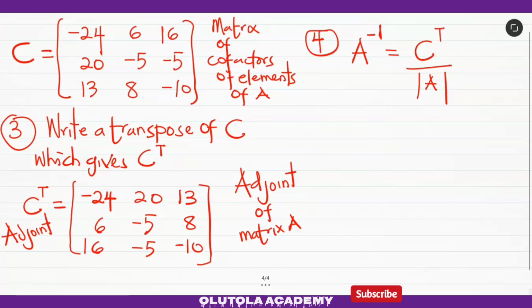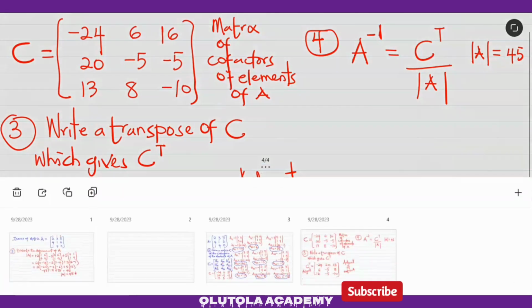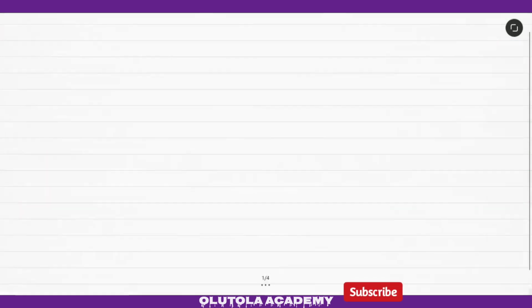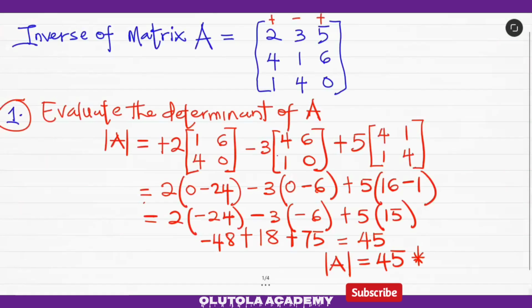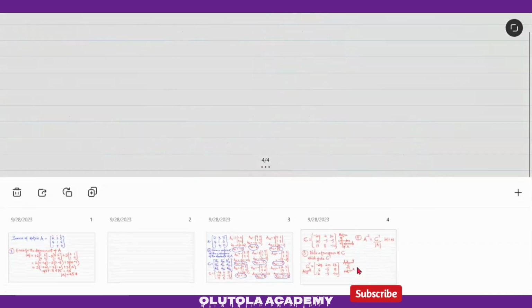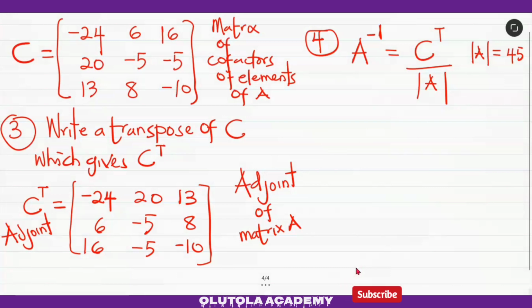Recall that the determinant, as we did in the first step, is 45. That's what we got when we started. We got the determinant to be 45. So we'll bring that here now.